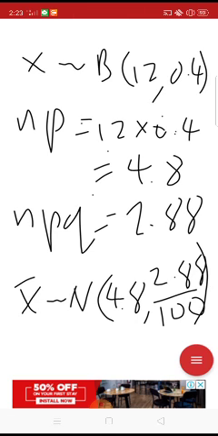To calculate the probability for the following part, you need to use the parameters of this distribution. Now we proceed to calculate what the question requires: x greater than 5.